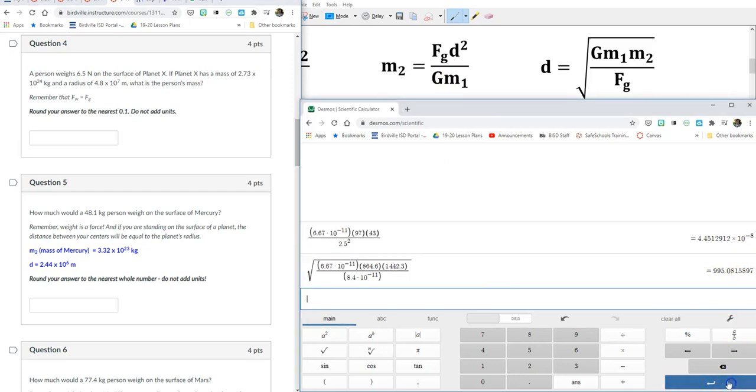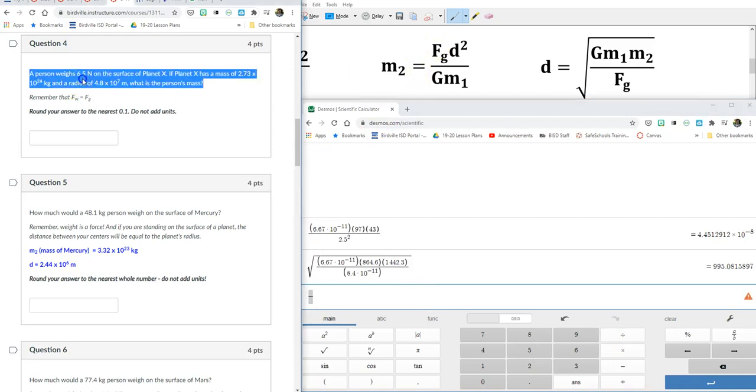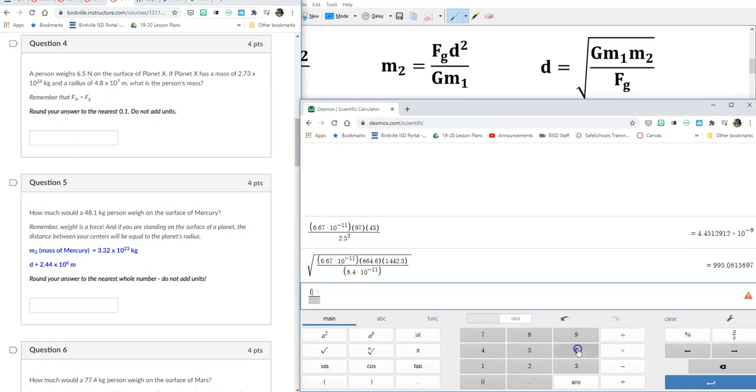So let's come down here to our calculator. And I've got force times distance squared divided by big G times the other mass. So I'm going to build my fraction, A over B. And what's my force? 6.5 newtons. So I'm going to plug in 6.5.